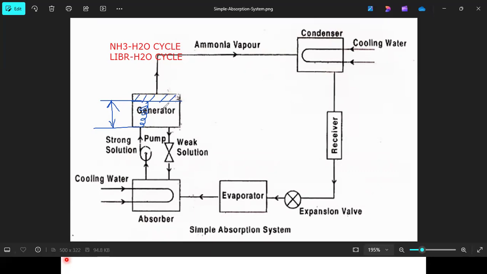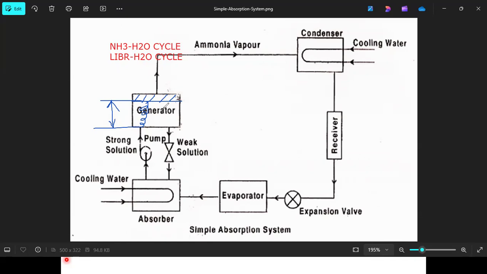The purpose of the analyzer is to allow only ammonia vapor to the other side. If any water vapor forms, it is condensed back and drops down to the generator chamber itself. Clear? The purpose here is only about the ammonia. We don't want water from now on.